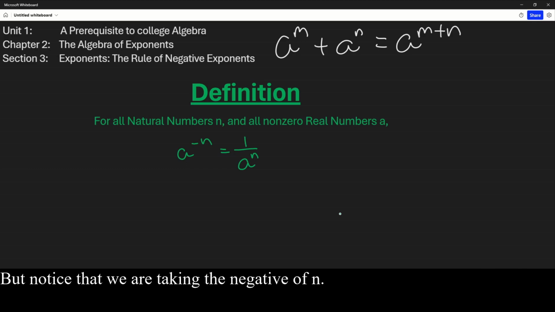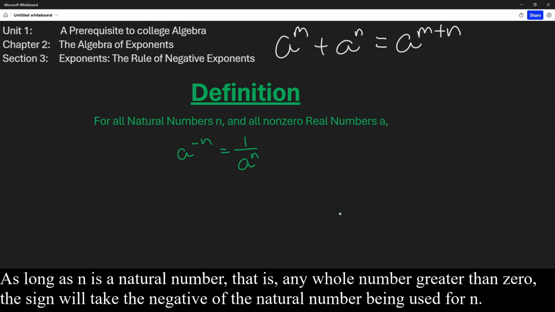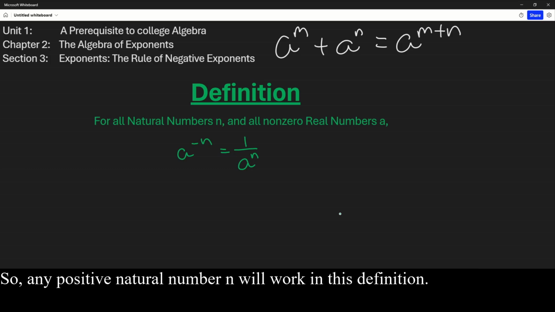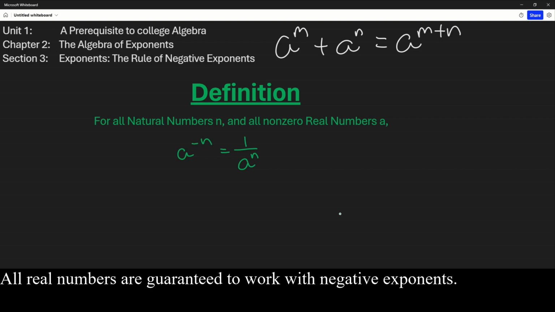But notice that we are taking the negative of n. As long as n is a natural number, that is, any whole number greater than 0, the sign will take the negative of the natural number being used for n. So any positive natural number n will work in this definition. All real numbers are guaranteed to work with negative exponents.